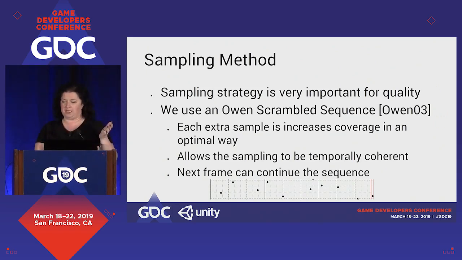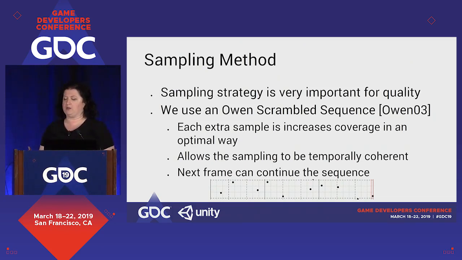So to hedge our bets, pun intended, we use the following sampling strategy. We rely on an Owen scrambled sequence, which is described in a SIGGRAPH 2003 talk on Monte Carlo techniques. Essentially, the Sobol sequence is a widely used low discrepancy sequence for numerically solving multiple integrals, which is why it's relevant to Monte Carlo.